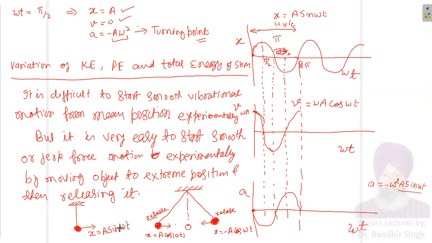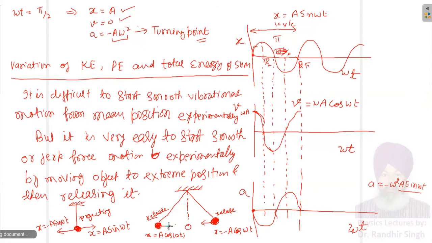But if you strike the hammer at mean position, this is not released, this is called projecting or launching. So you are projecting the object. If you strike the hammer in this direction, x will be equal to minus a sine omega t. So these are the various equations of simple harmonic motion.